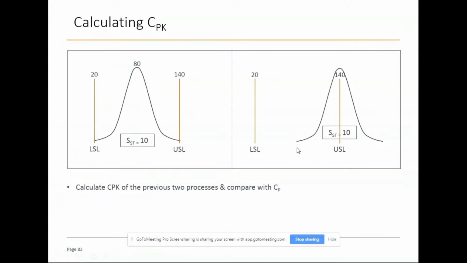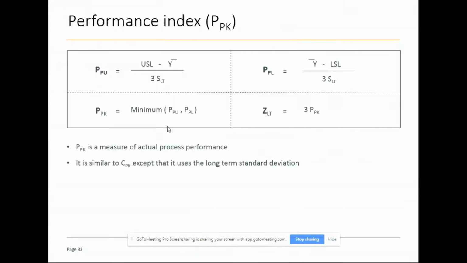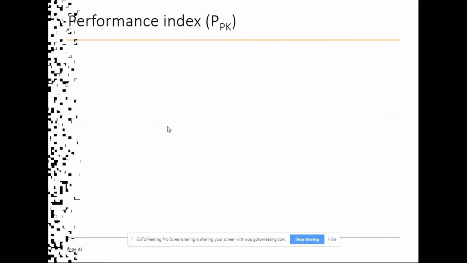So if we look at the same example now, if we calculate CPK here, on the left hand side it'll be the same. Sorry, I navigated.